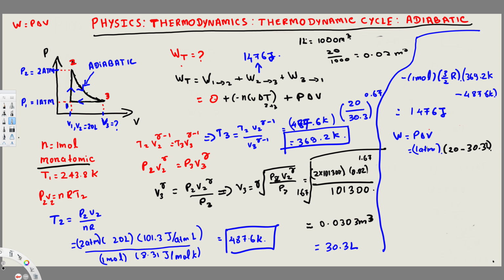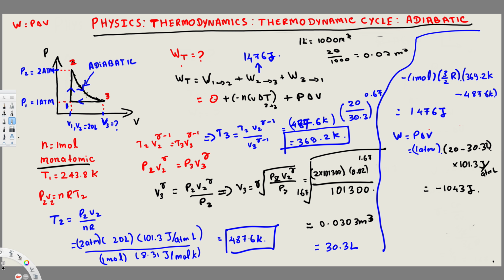20 minus 30.3 liter. So whenever we have atm liter, we have to convert this one into joule because we want the work in joule, right? So to convert this one into joule, we have to multiply this one by 101.3 joule per atm liter. And if you calculate this one, that's going to give you negative 1043.